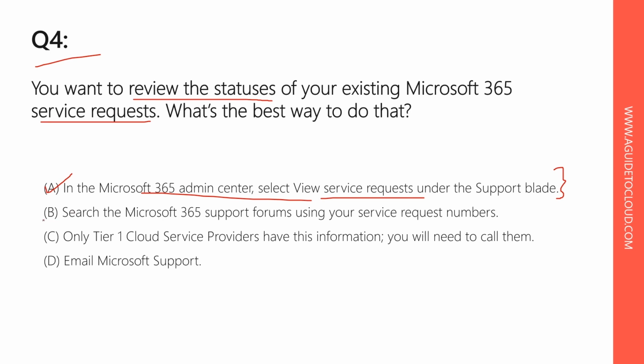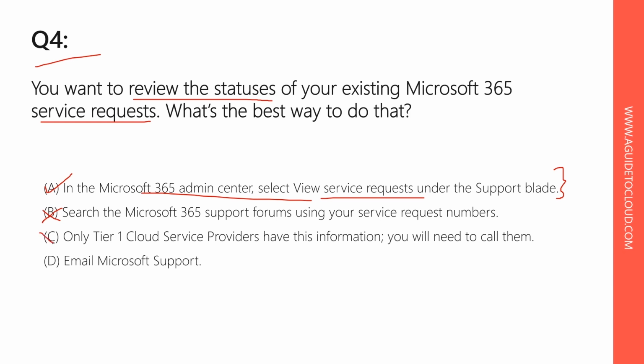Let's look at the other options as well. Search the Microsoft 365 support forum. Definitely not. You will not search for your ticket in the Microsoft 365 support forums. That's absolutely ridiculous. Option C, only a tier 1 cloud service provider has this information, you need to call them.